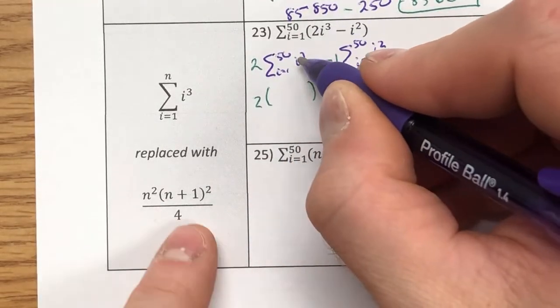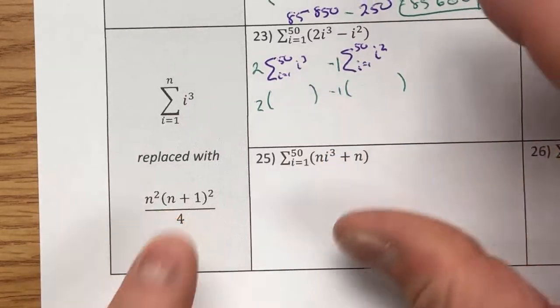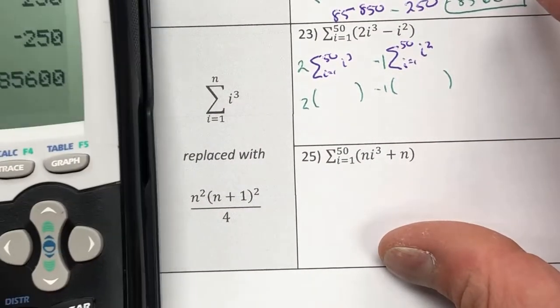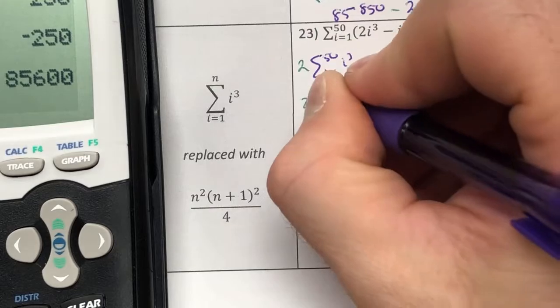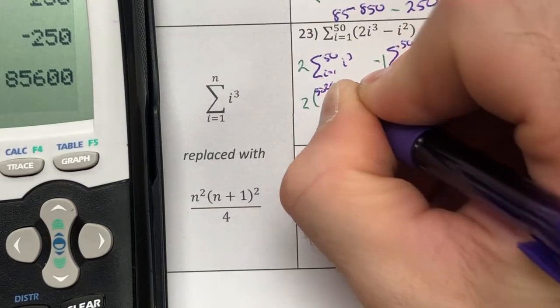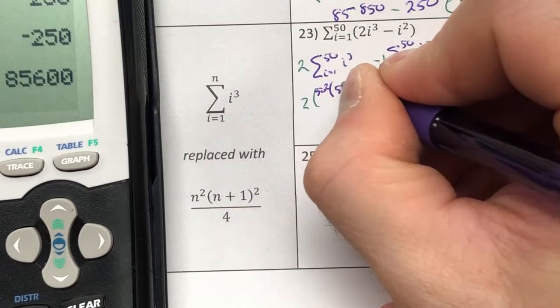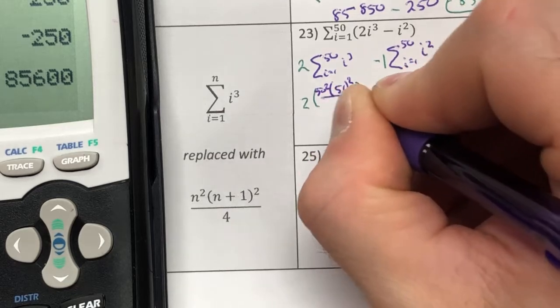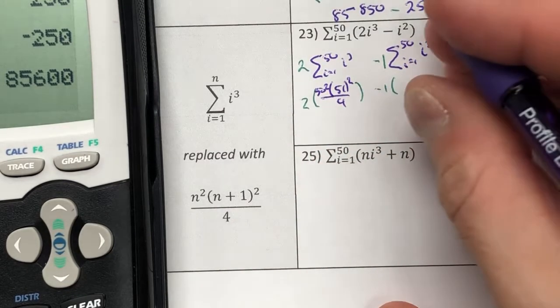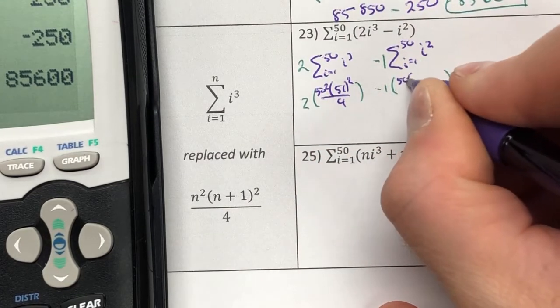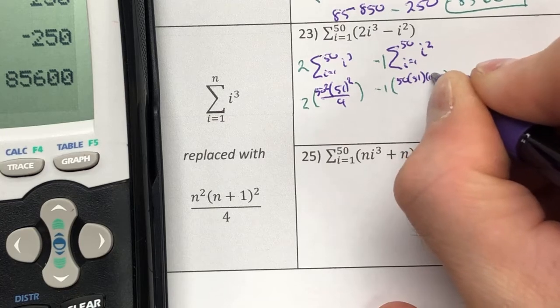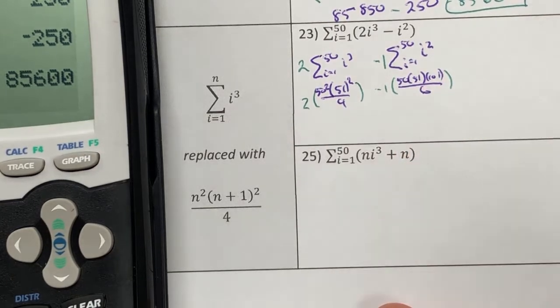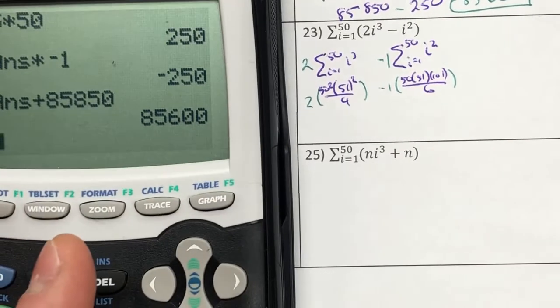I cubed, let's see, it's going to be 50 squared times 51 squared all over 4. I squared is going to be 50 times 51 times 101 all over 6. Let's see what we get here.